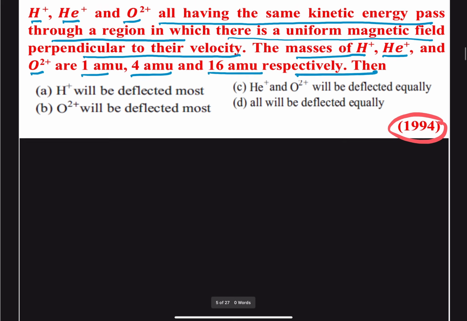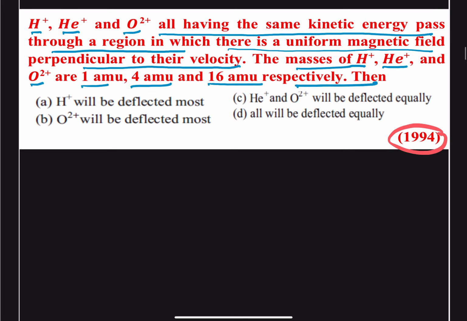So it is given that we have a uniform magnetic field which is perpendicular to their velocities. Because of this, the particles will undergo uniform circular motion.